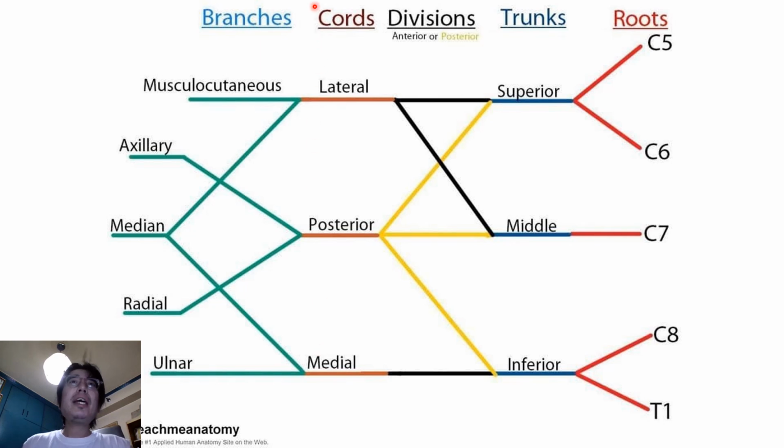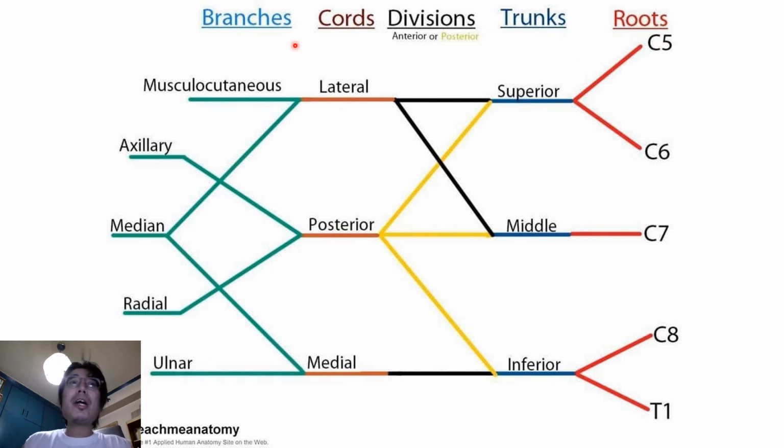Finally, each of these cords give off their terminal branches, which are as follows: the musculocutaneous nerve, the axillary nerve, the median nerve, the radial nerve, and finally, the ulnar nerve, the different branches of the cords of the brachial plexus.